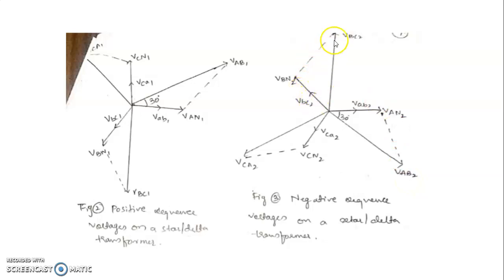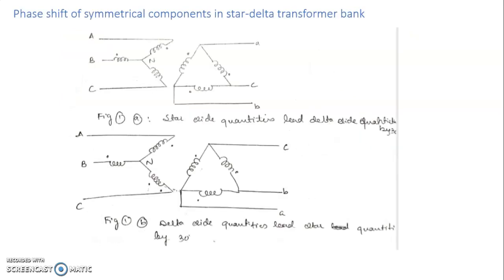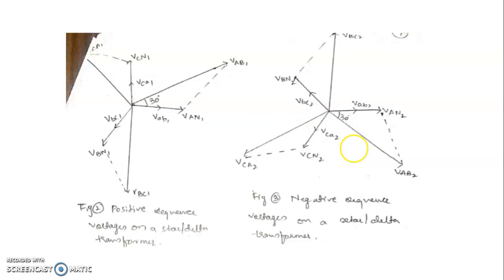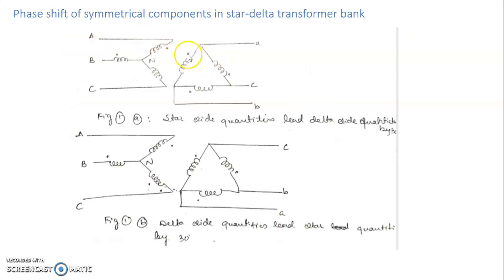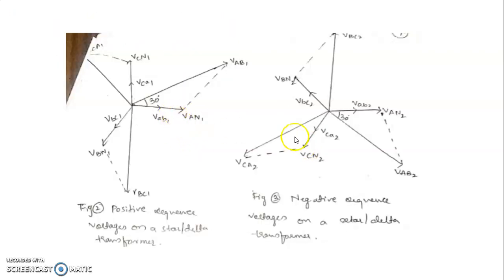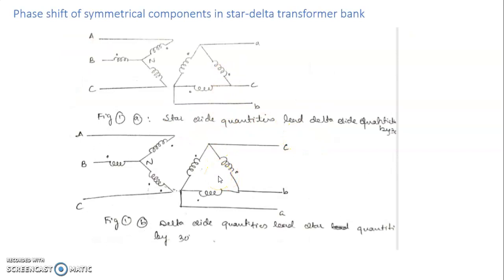Similarly vbc2 leads capital VBC2 by an angle of 30 degrees, and the relationship remains the same, that is capital VAB2 is equal to x times small vab2 with an angle minus 30 degree, because it will be leading here. According to our previous discussion, the positive sequence quantities will lag, whereas negative sequence quantities will lead. Along with these two vector diagrams, the explanation is given in the notes.